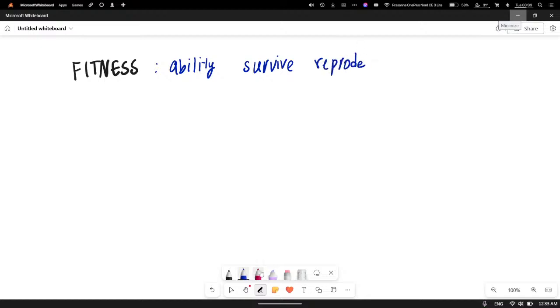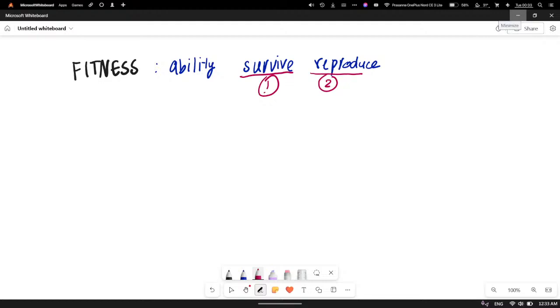If you only mention the ability of an organism to survive in an environment, you are not going to get your full mark. You have to mention, don't spell that wrong, reproduce. So you have to mention the survive and the reproduction in its environment.